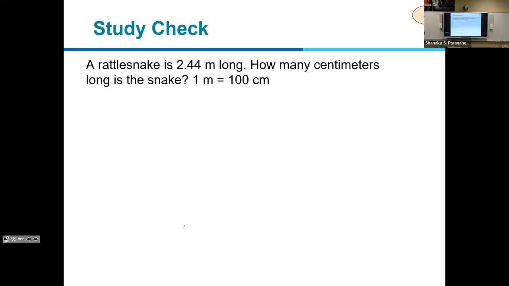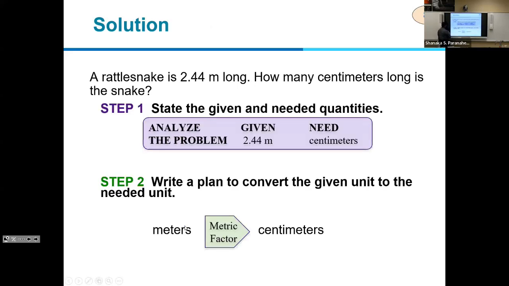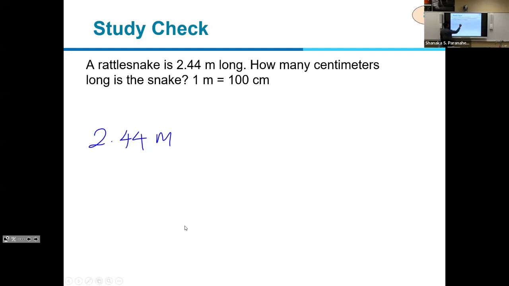What is the answer? How did you get that? Yes, that is correct. So the given unit is meters, so you can write it like 1 over.